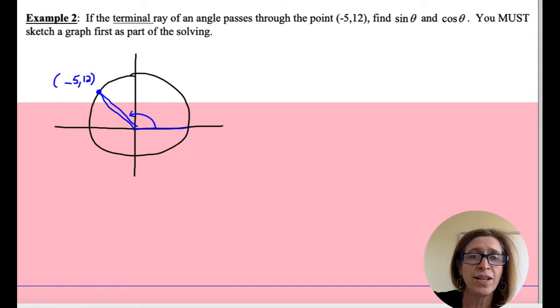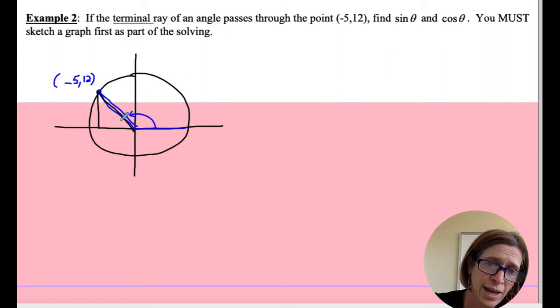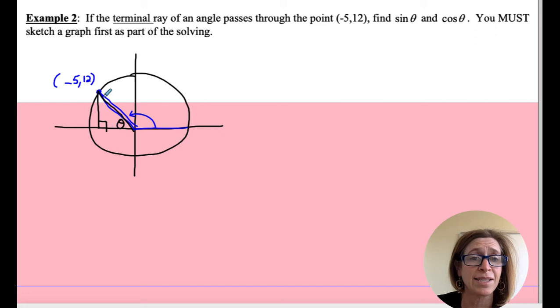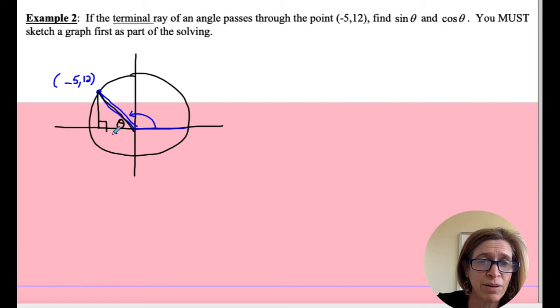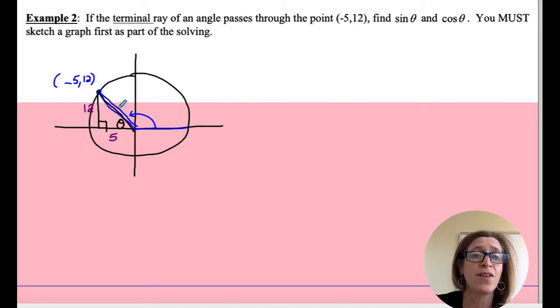Okay, so if I want to find sine, I'm going to need to find the reference angle. Now remember, the reference angle is the acute angle created with the x-axis. So I'm going to drop an altitude and create a right triangle. I know that this length here would be 5, and the y value would be 12. So first I'm going to find the hypotenuse by using the Pythagorean theorem.